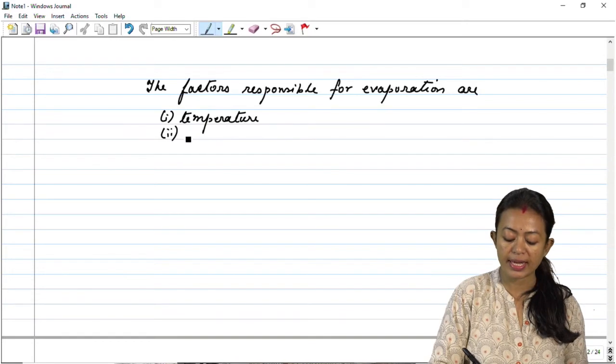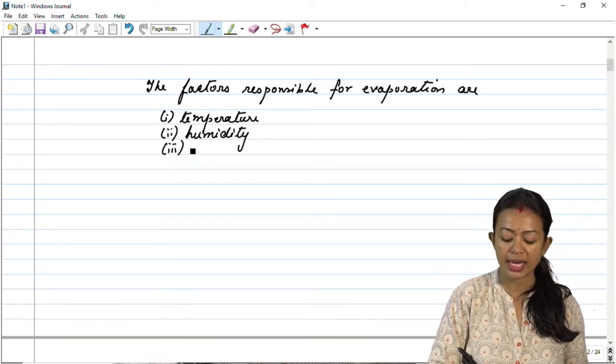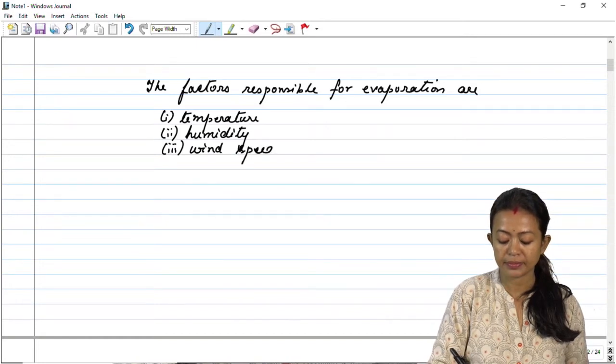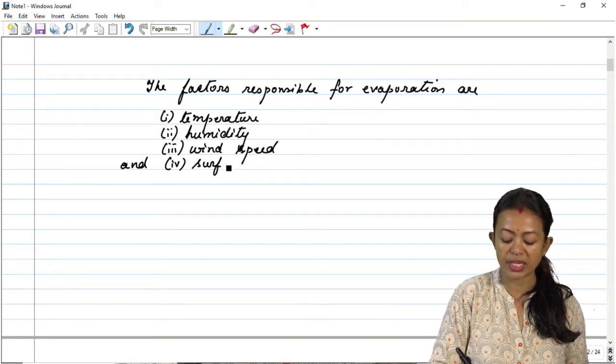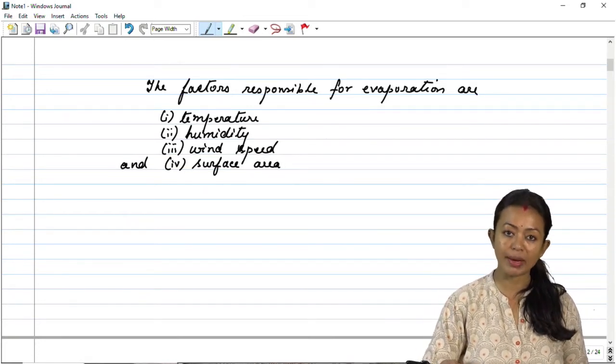Number 2 is humidity. Next, number 3 is the wind speed. And the fourth one is the surface area. So these are 4 important factors which are responsible for evaporation. Now let me explain one by one.